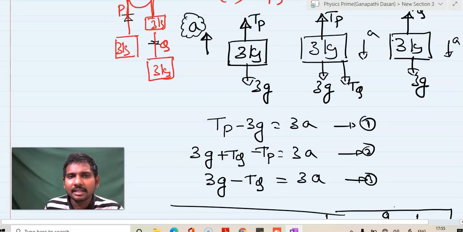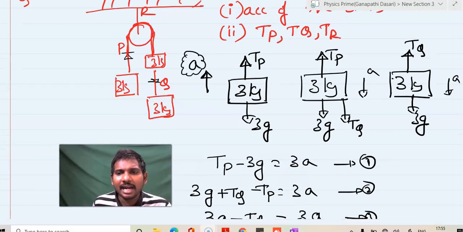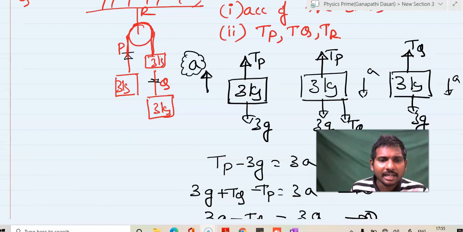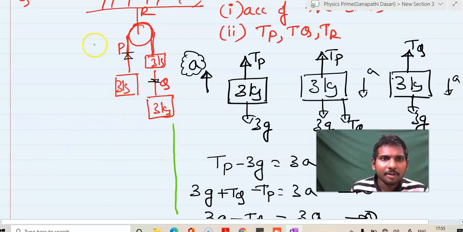For finding out TR, we need to draw the free body diagram for the pulley. If we draw the free body diagram for the pulley, there will be T dash, that is TR here in upward direction, TP in this direction. Here also the string is connected.